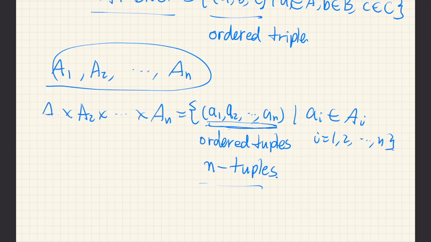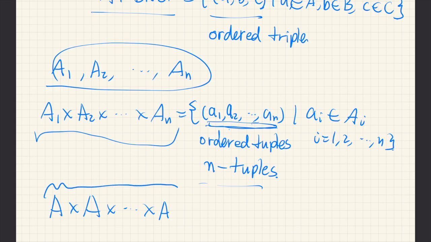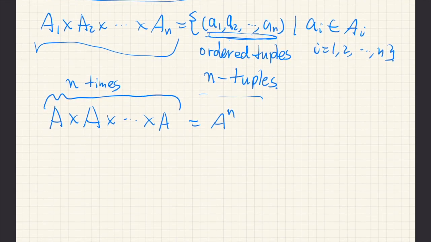And if A1, A2, and so on happen to be all the same set, so let's say A times and so on times A, where we multiply the same set A n times, this is often abbreviated as A to the power of n. Again, the Cartesian space is an example. R squared is the set of (x, y) where x and y are elements of the real numbers.